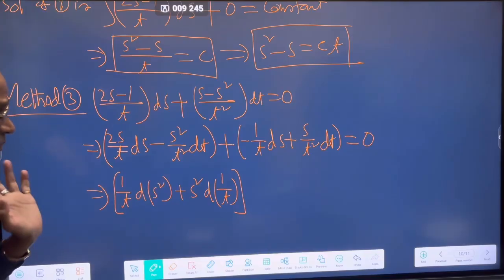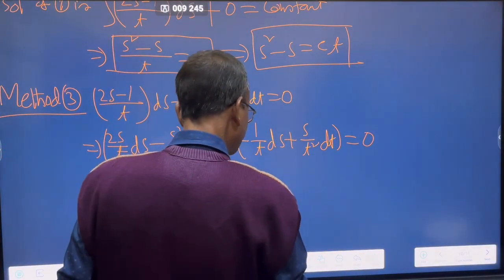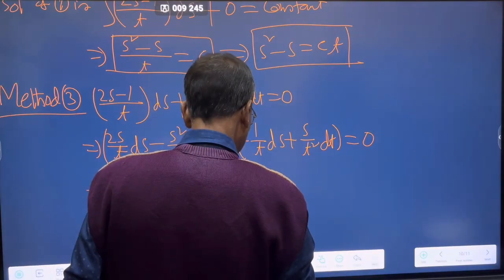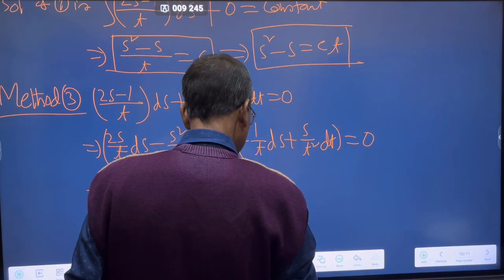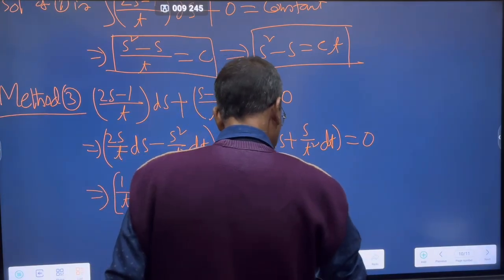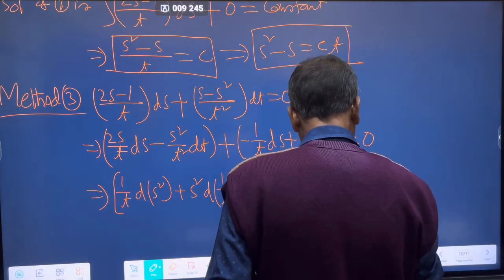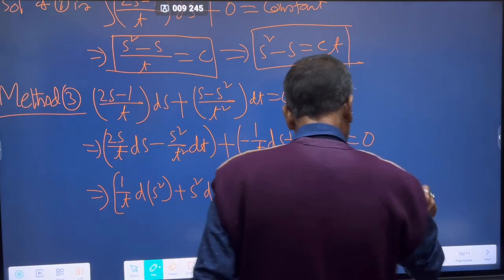Plus minus 1 by t ds plus s d of minus 1 by t equal to 0.